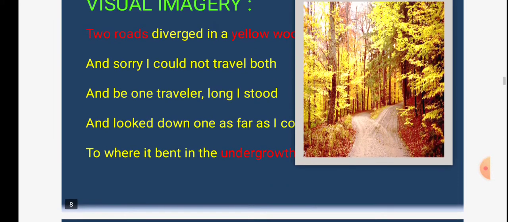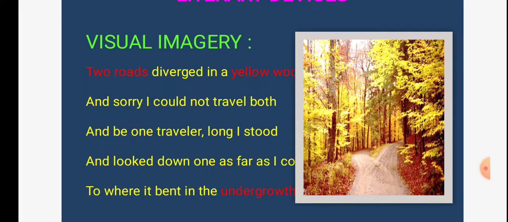So this is imagery used here. We create a scene of a yellow wood, the autumn season, and a road that is going downwards into the undergrowth. These are perfect examples of imagery here.